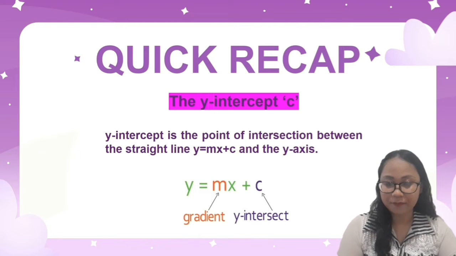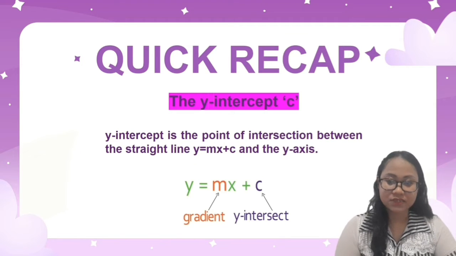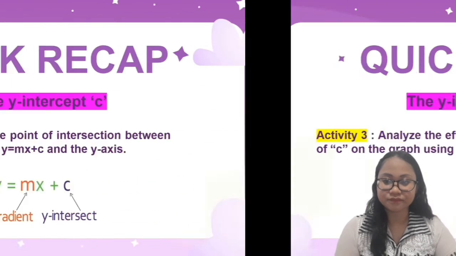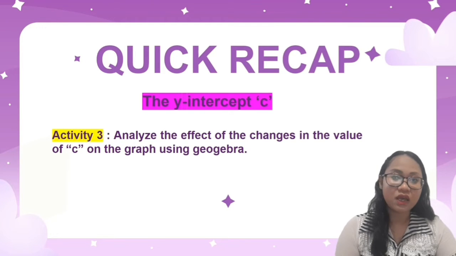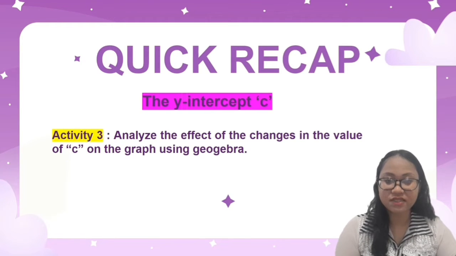What is the y-intercept? The y-intercept is the point of intersection between the straight line y equal to mx plus c and the y-axis. For activity 3, analyze the effect of changes in the value of c on the graph using GeoGebra.